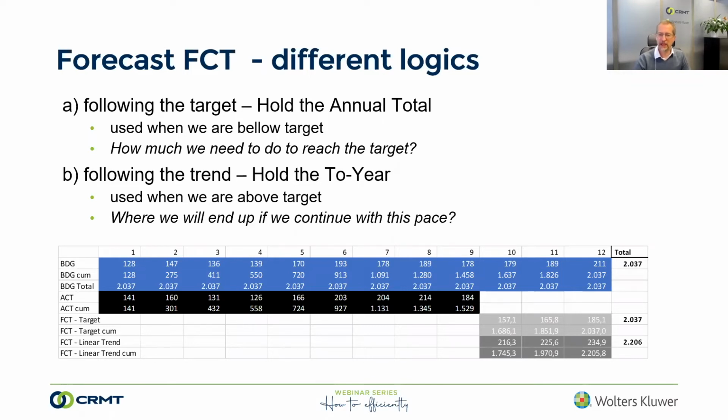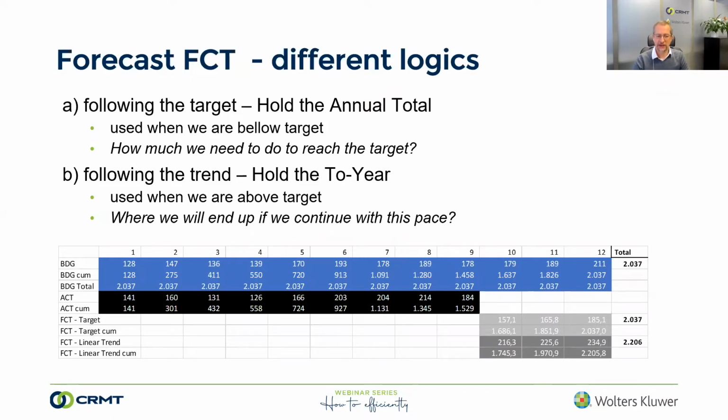If you look at the final column with the total, our budget is 2037. And our first forecast, where we focus on the target, is the same. But the forecast numbers for months 10, 11, and 12 differ from the budget, because we were doing either better or worse than the budget.